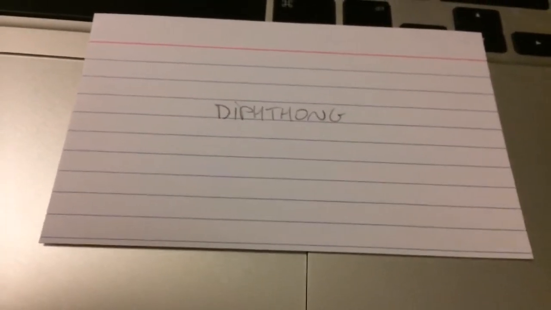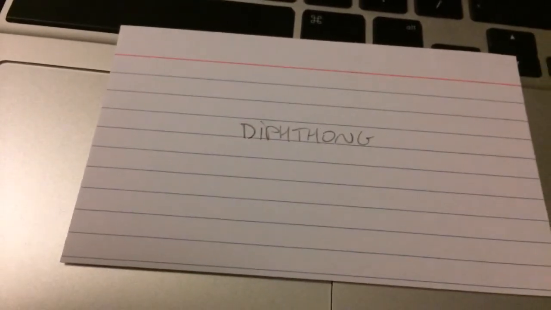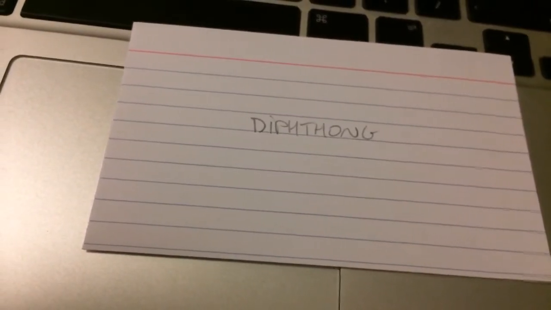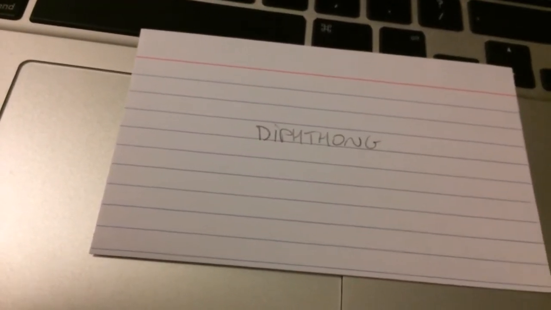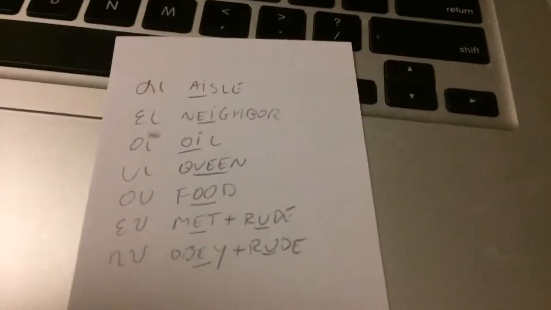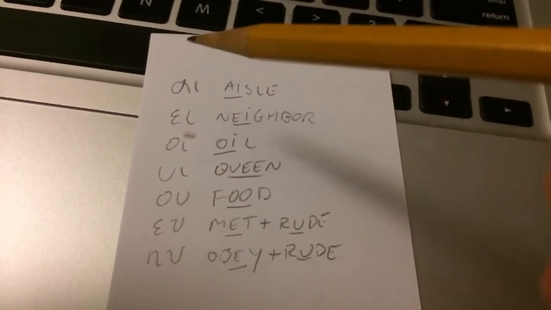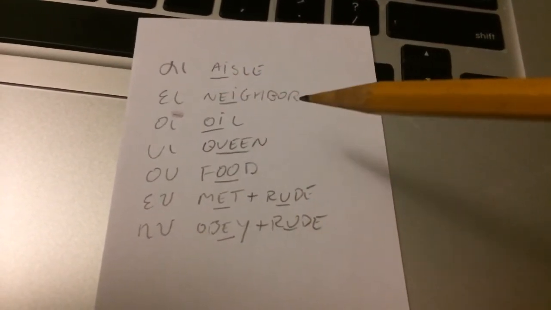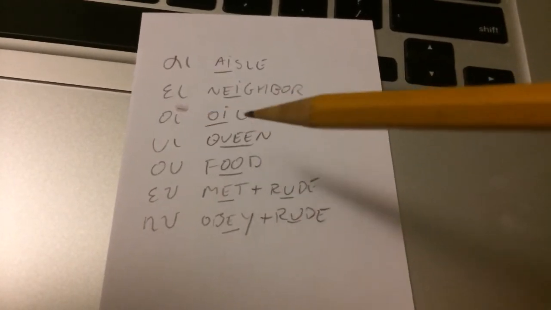A diphthong is a combination of two vowel sounds in one syllable. The second letter of a Greek diphthong is always going to be an iota or an upsilon. The common diphthongs and their pronunciations are: ai as in aisle, ei as in neighbor, oi as in oil.